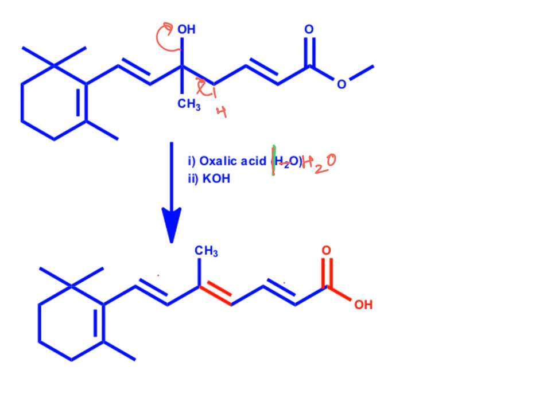After forming this conjugated double bond, in the second step it reacts with KOH. The ester undergoes hydrolysis and is converted into a carboxylic acid. And this carboxylic acid is called ionylidene crotonic acid.